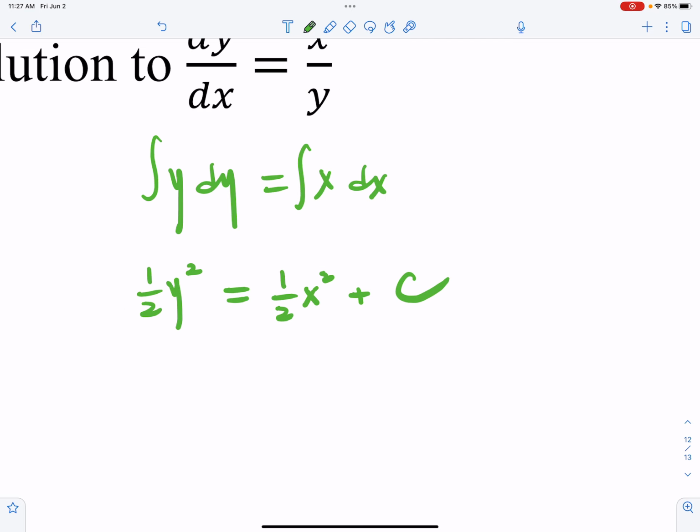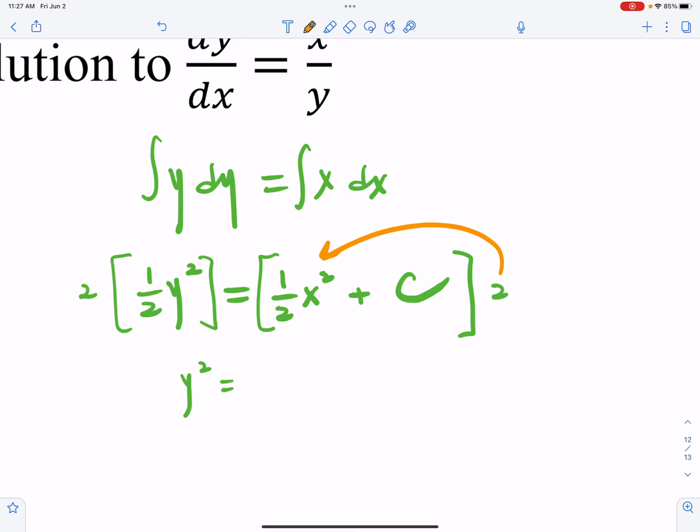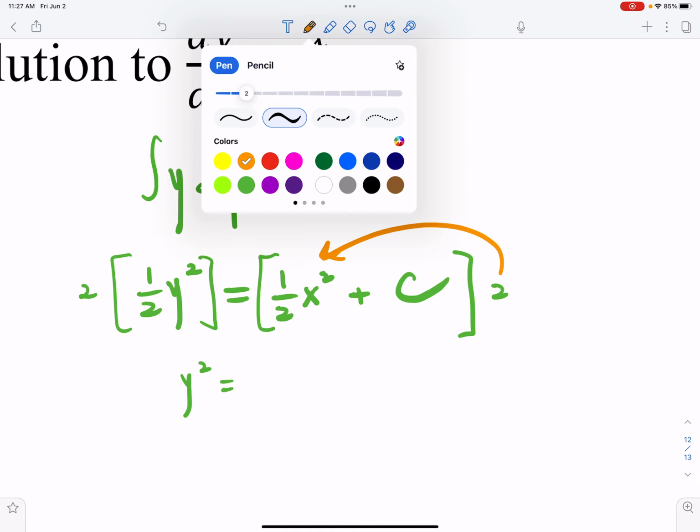And then from here, we could multiply by 2 on both sides of the equation to isolate the y squared. When we multiply by 2 and distribute the 2 to the 1/2 x squared, that'll become x squared.